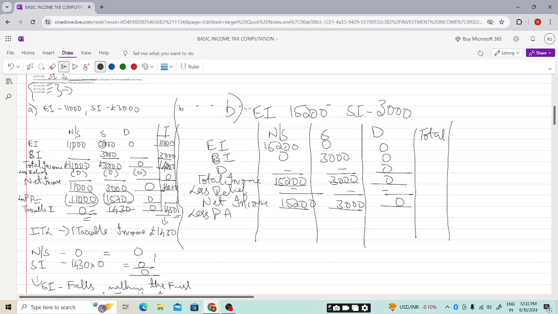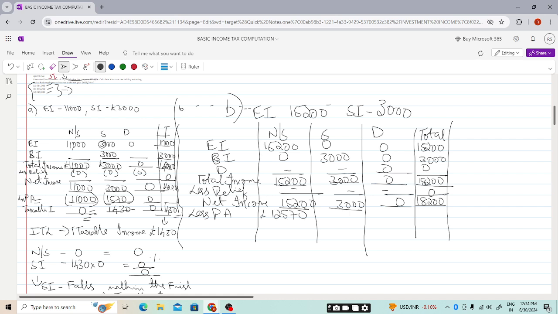So what is the non-saving? 15,200 here, 3,000, 0. So our total will be 18,200. No relief. So our net income will be 18,200. Less PA. We need to see whether our PA is getting tapered or not. Our income is not exceeding 100,000 pounds. So it will not get tapered.